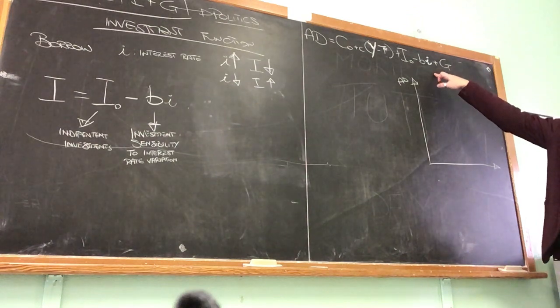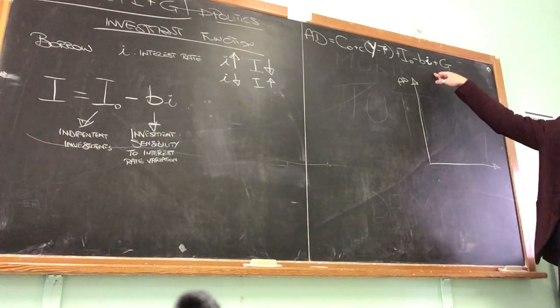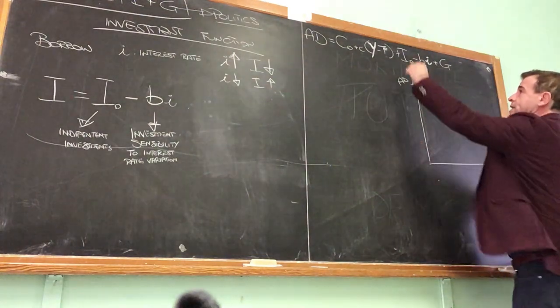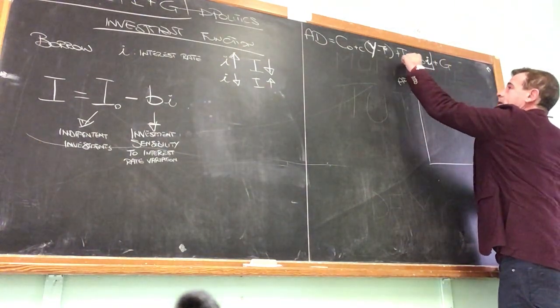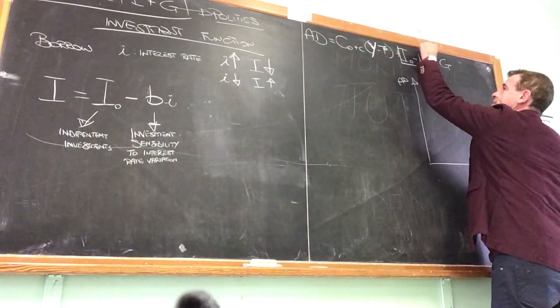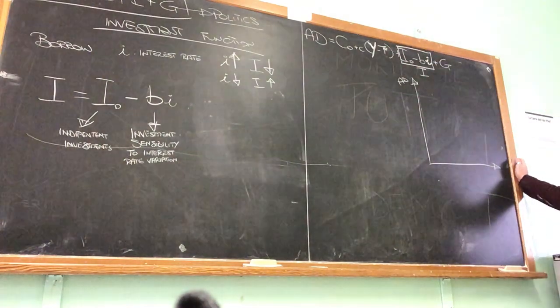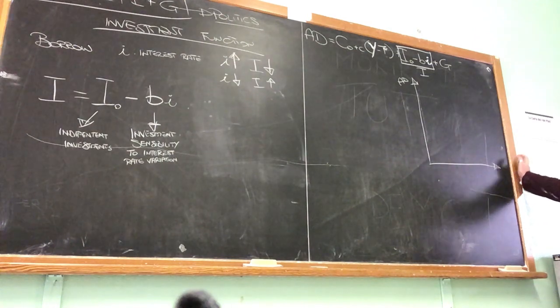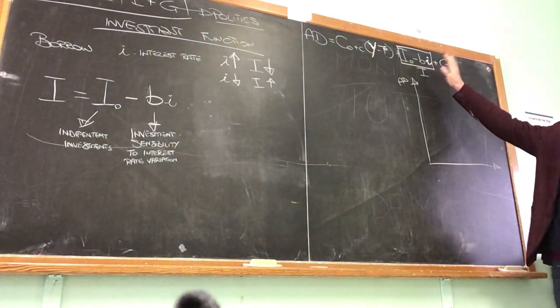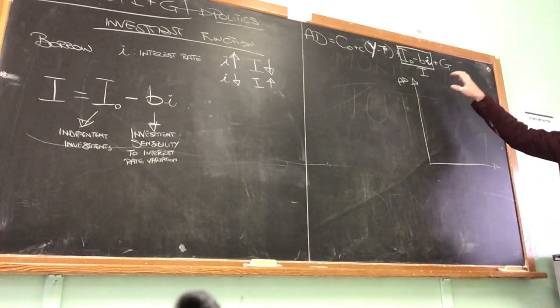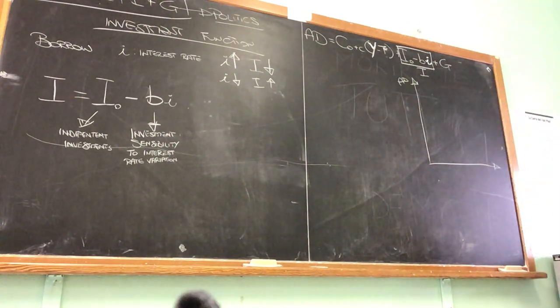So to study at best the goods market, we will consider investment as a data. We will not consider investment as a function of interest rate, but we will consider it as a data.